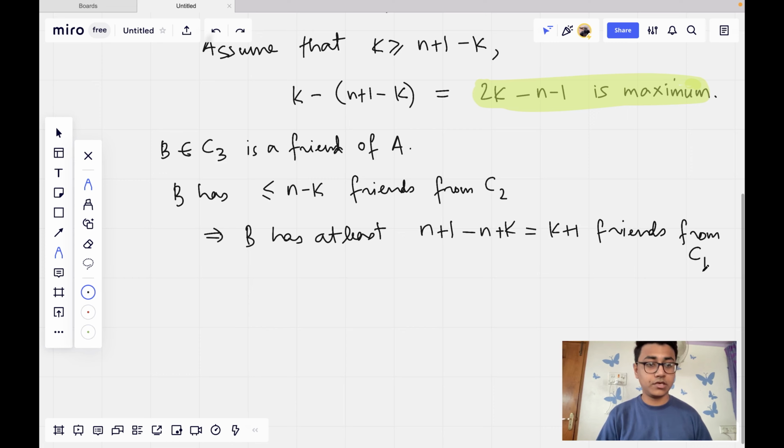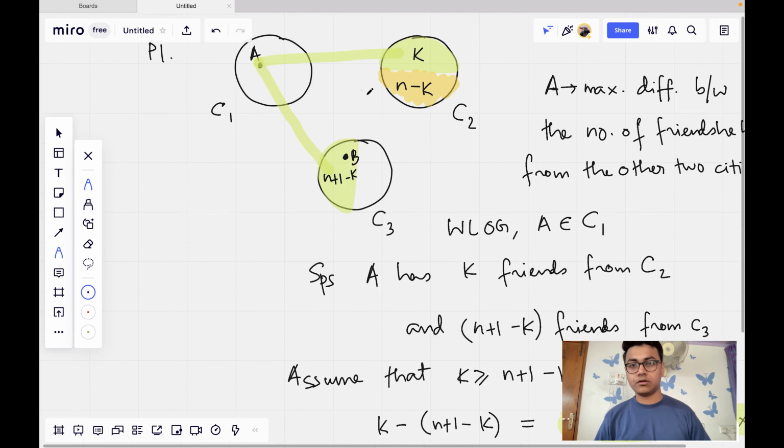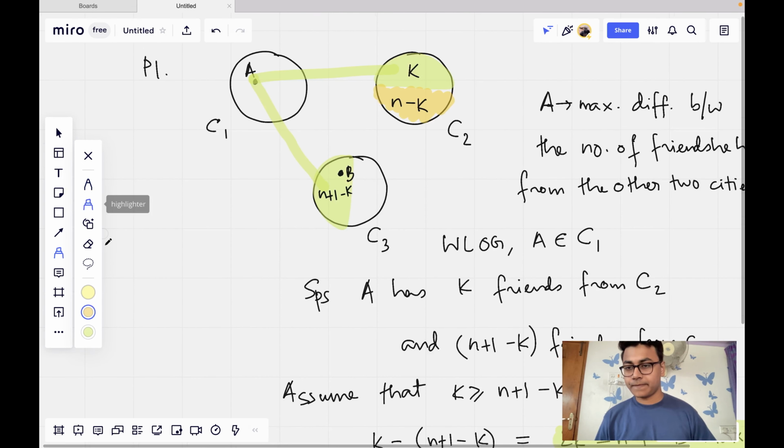I'm sorry, from C1, right? So if it is friends with these people here, from city C1, B needs to have at least, this is at most, so it needs to have at least k plus 1 friends from here.